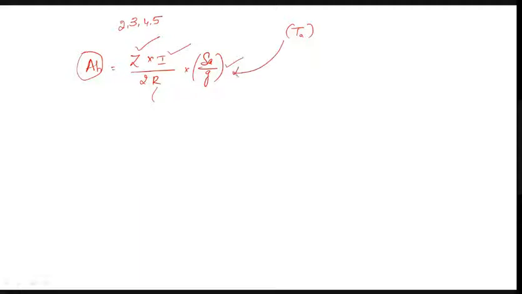Initially I said it depends upon the time period, and we have the formulas: Ta equals 0.075 h raised to 0.75, and Ta equals 0.085 h raised to 0.75. The first is for your RCC and the second is for your steel frame.